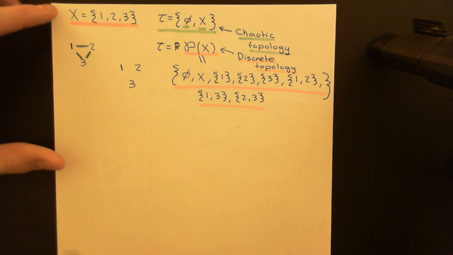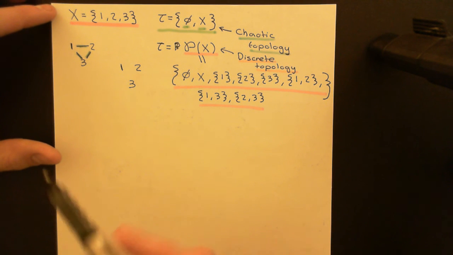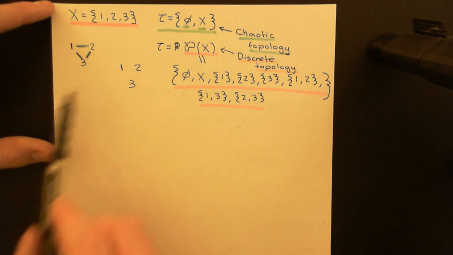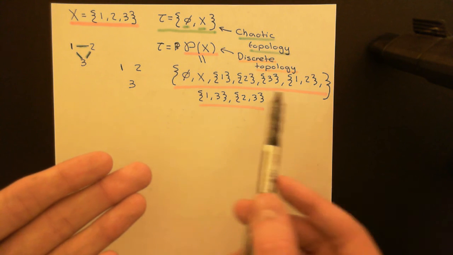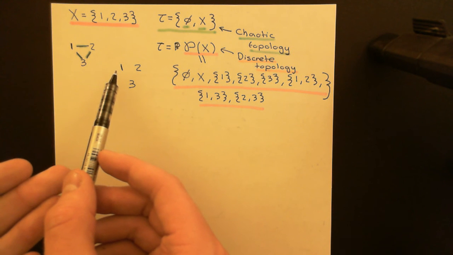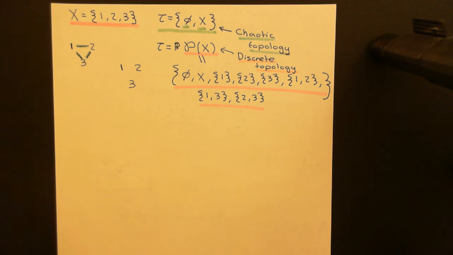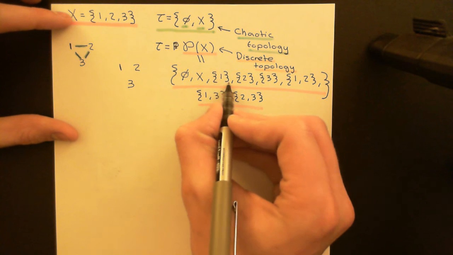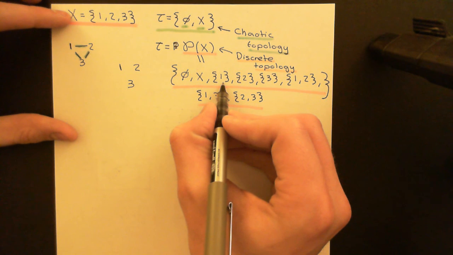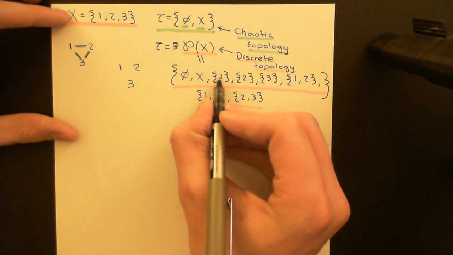Well, the way I'm going to decide this is, let's start with asking, should I draw a line between 1 and 2? Well, what I need to do is ask, is it the case that in all of these subsets, if one of these elements appears, the other appears with it? And the answer is clearly no here, because look, here is the set that contains 1 on its own, and it's not appearing with 2.